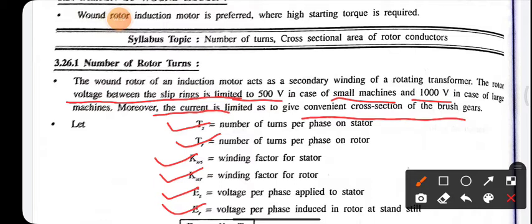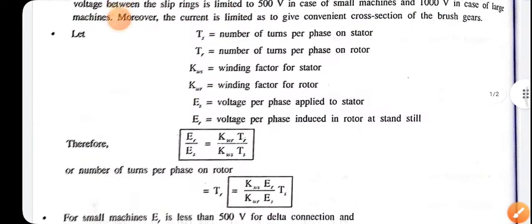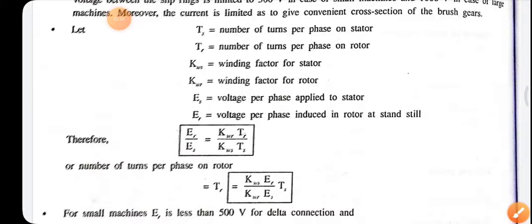As I already said, it is compared to the secondary side. In the transformer also, when we connect an AC voltage on the primary side, we get a voltage induced on the secondary. In the same way, when we give the supply to the stator, a voltage is induced in the secondary, that is our rotor. So ER is the voltage induced per phase at standstill, which is the important thing.